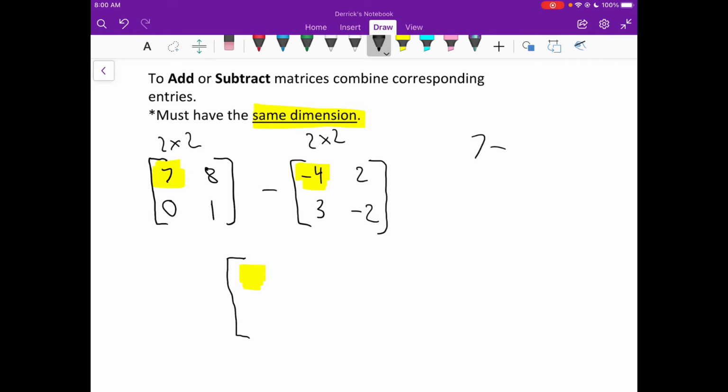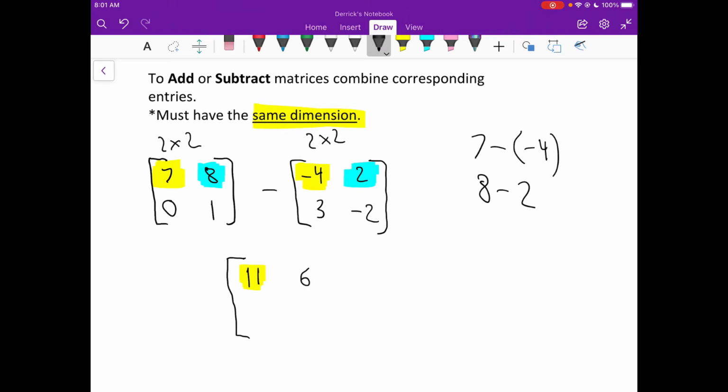Well, if I take 7 minus -4, we know that a double negative is effectively the same thing as a positive, meaning we're really taking 7 plus 4, which would give us 11. Now I want to go to the second entry in each of my matrices, which would be 8 and 2, respectively. So 8 minus 2 would give me 6.